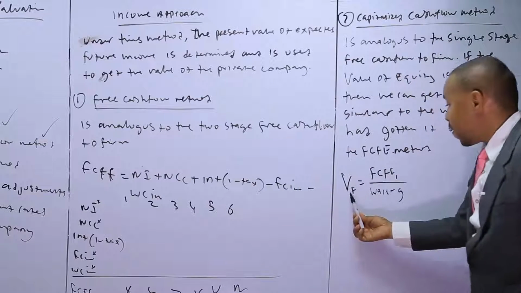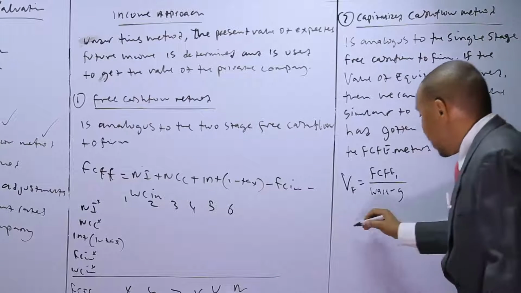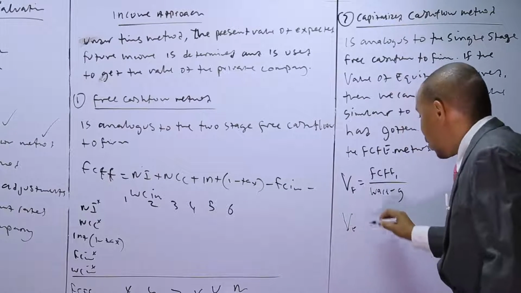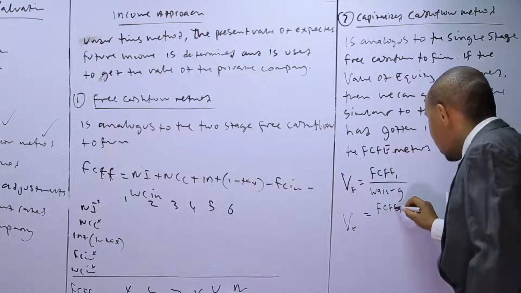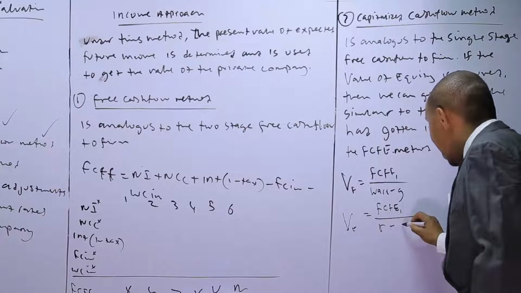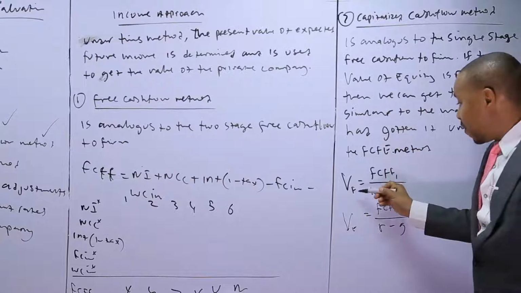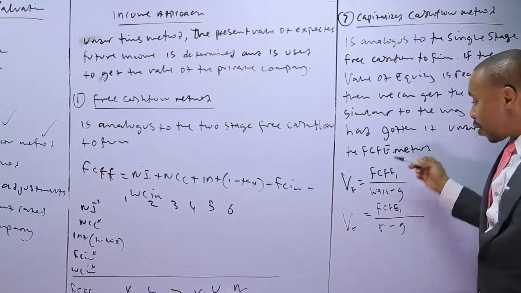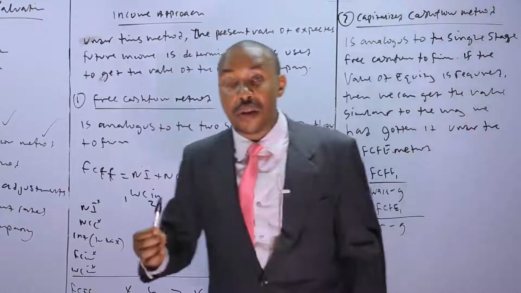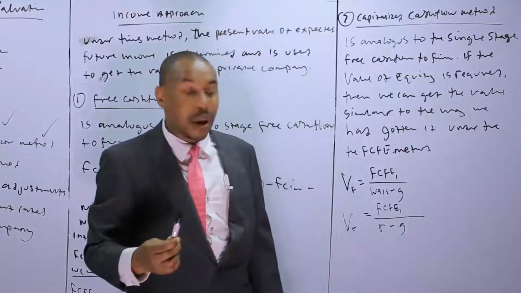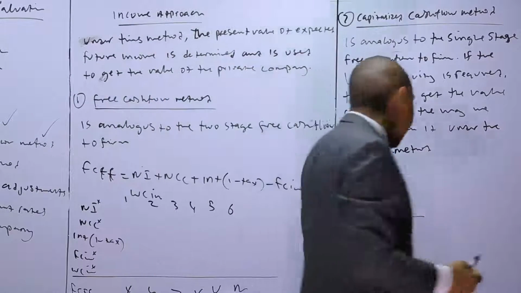In the single-stage model, the value of the firm is the FCFF over WACC minus G. If you are asked for the value of equity, it will be the FCFE over R minus G. Under the free cash flow method of computing the value of the firm, FCFF is discounted based on WACC, weighted average cost of capital, and under the value of equity, we discount based on the required return.